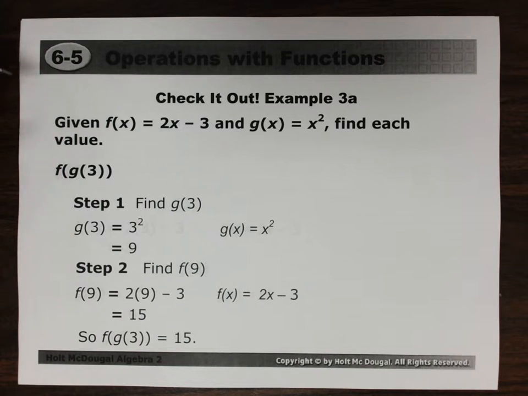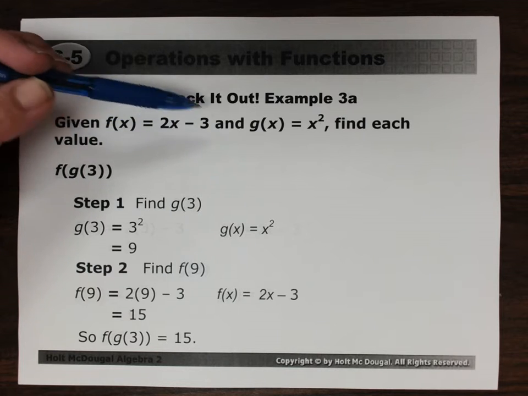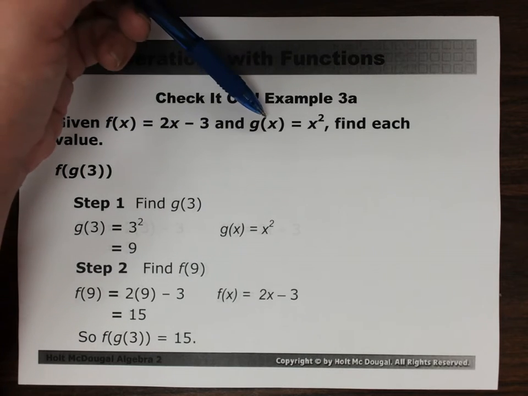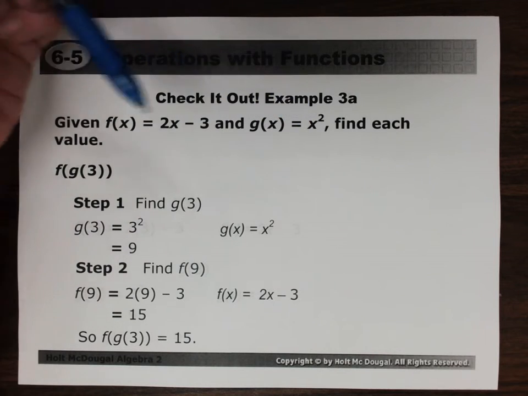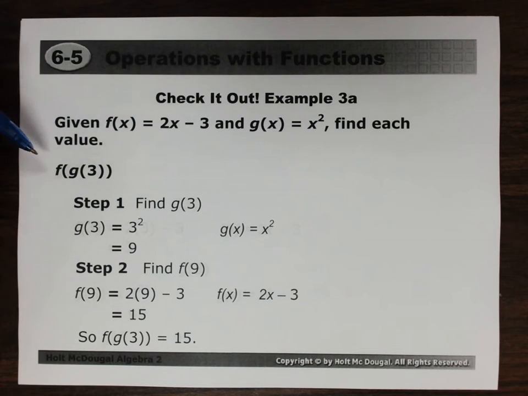Okay, let's look at one more example. Now we have a couple of different functions. We have f of x equals 2x minus 3, and g of x equals x squared. We want to find f of g of 3.